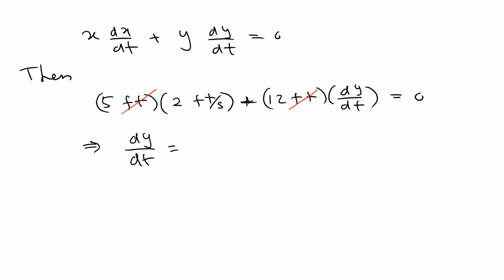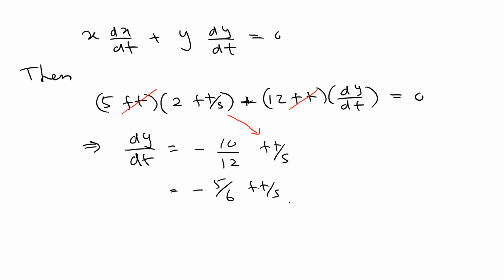So dy over dt, you can see it's going to go to the other side. That means it's going to be negative 10 over 12, and the unit is feet per second. If you simplify, you get negative 5 over 6. You need to write this in the more simplified form. That we normally consider as the final answer. So that's the final answer.